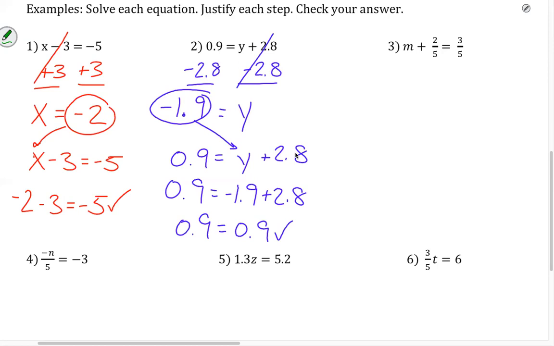All right, so for number 3, I have plus 2/5, so you have to subtract 2/5.